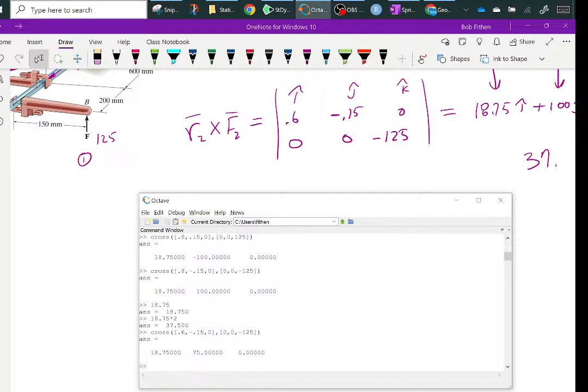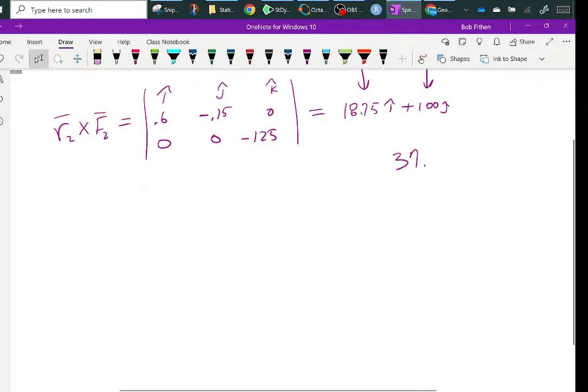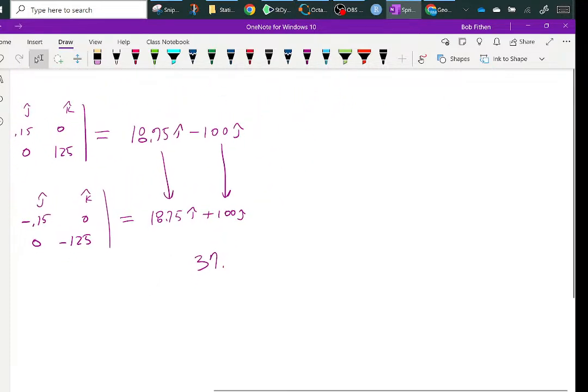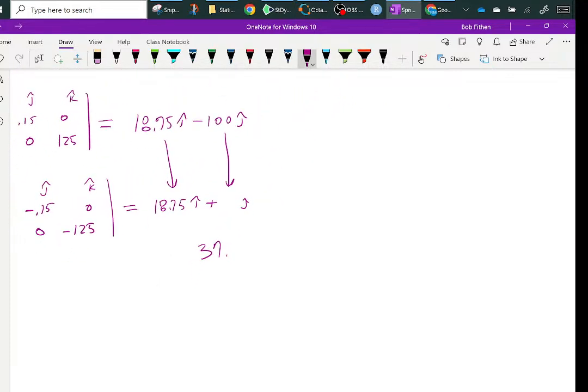Thank you. 18.75. Okay, hang on. Actually, it changed that. Okay, let's say it didn't. Let's say I didn't catch that. So this would be supposed to be minus 25.